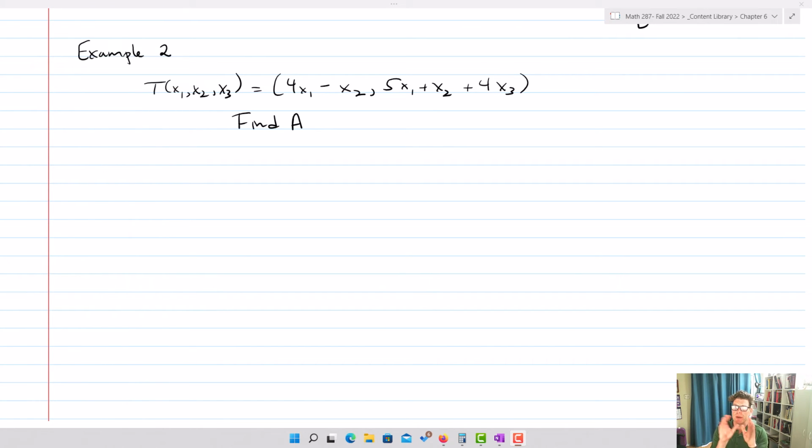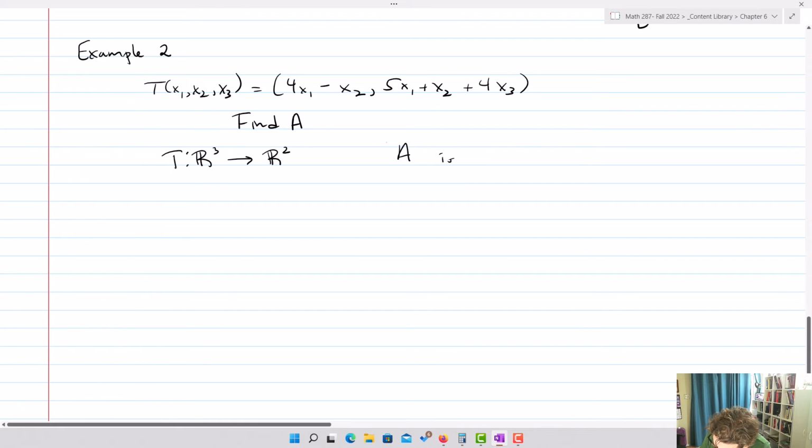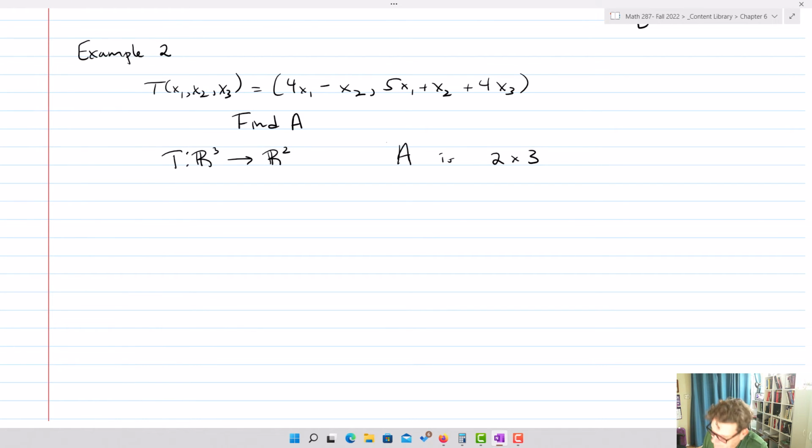We could go in and use our standard basis vectors, but remember what we did: we took the coefficients. Well, actually first, we need to note that T is going to go from R3 into R2, so A is 2 by 3. Now look at my x1s.